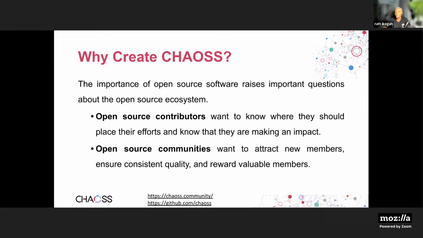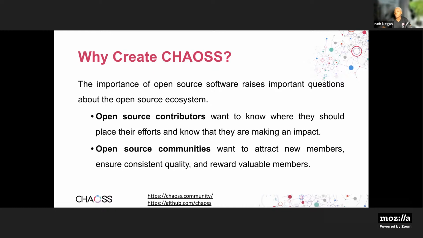folks in the open source ecosystem, not just community managers, but contributors, communities, foundations, and companies. For open source contributors, when people come into projects, they want to know, okay, how do I help? Where do I get started? How do I give quality to this open source project?